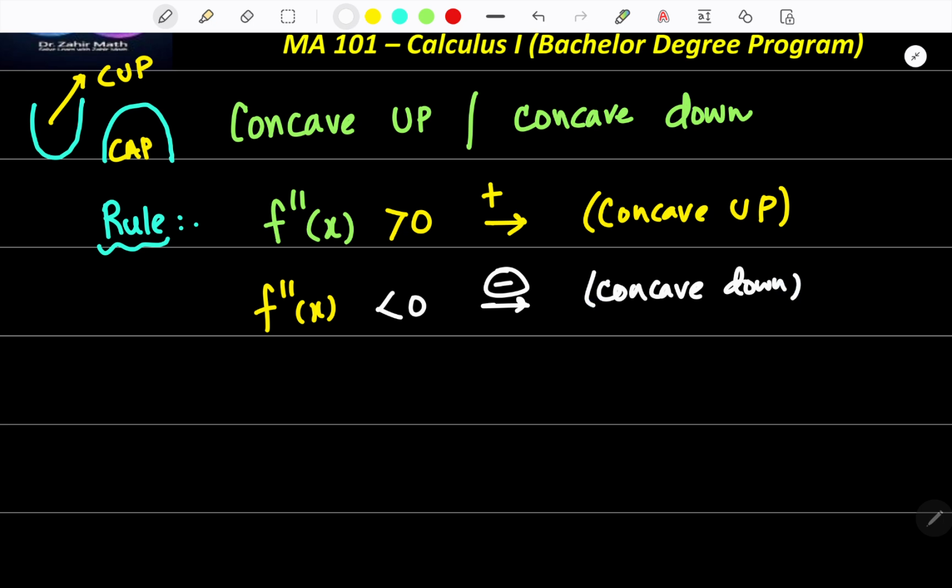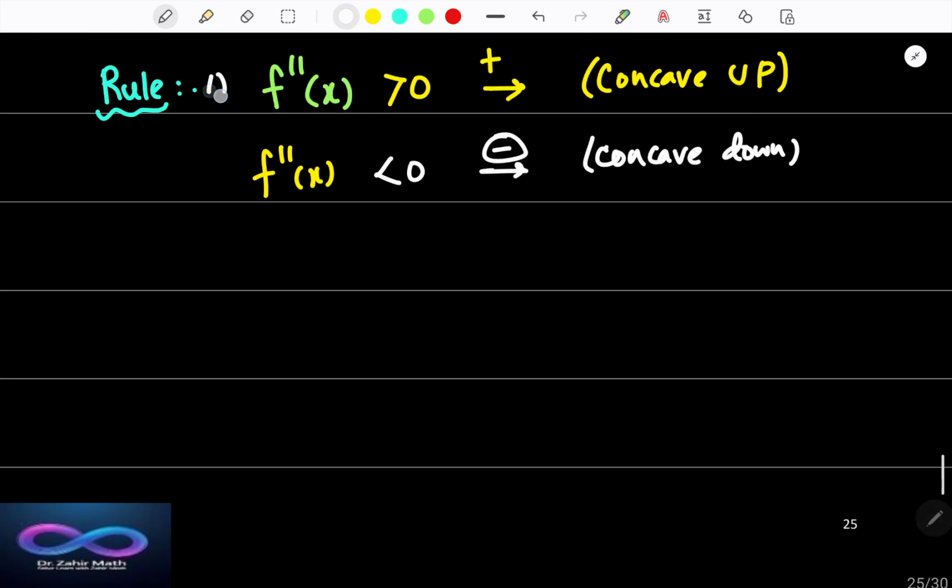Clear everybody? Same thing as in increasing and decreasing, where you studied one word, which is critical point. In concave up and concave down you have to study one more English word, called points of inflection. What is that? Points of inflection. Usually we use x, but Americans use c.